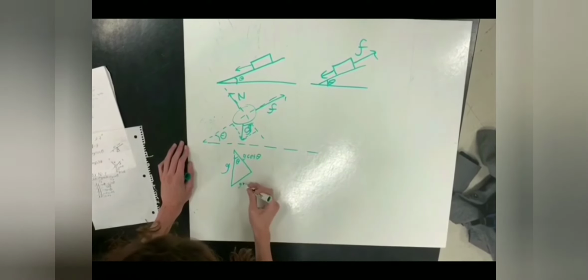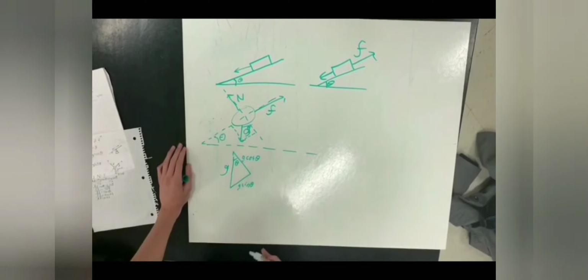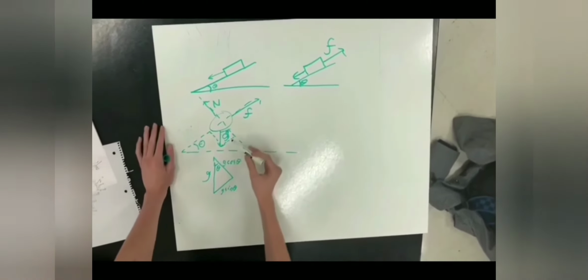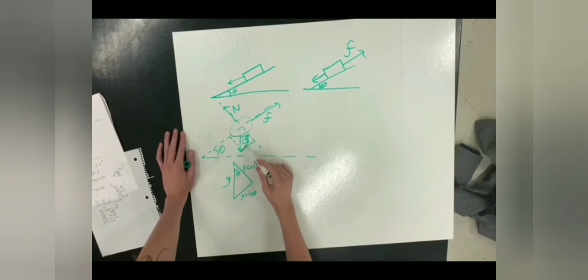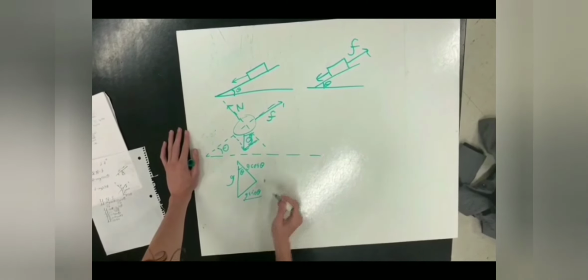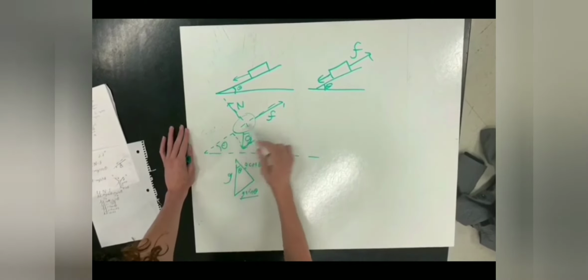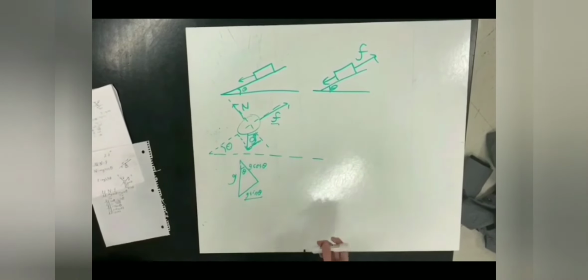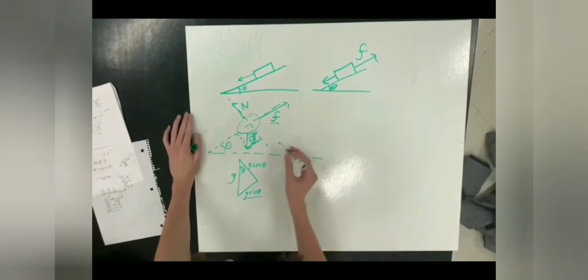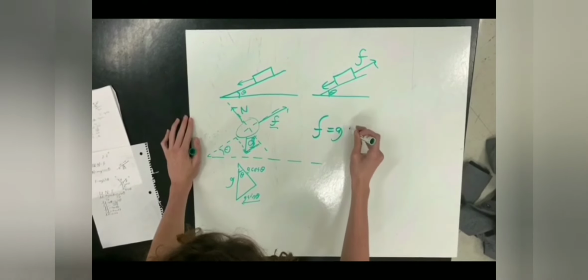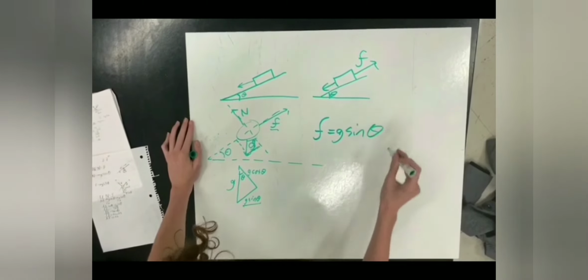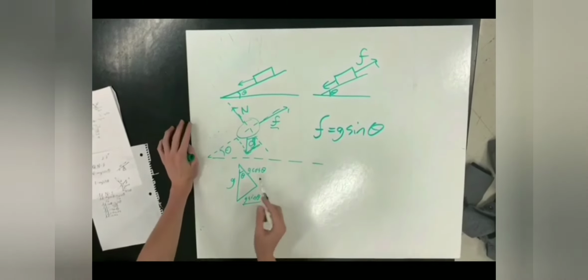This is G sine theta. And if we go back here, we know that this component right here, which is G sine theta, is the only force on the x-axis other than friction. So that means that friction has to equal G times sine theta because it was at equilibrium at this time.